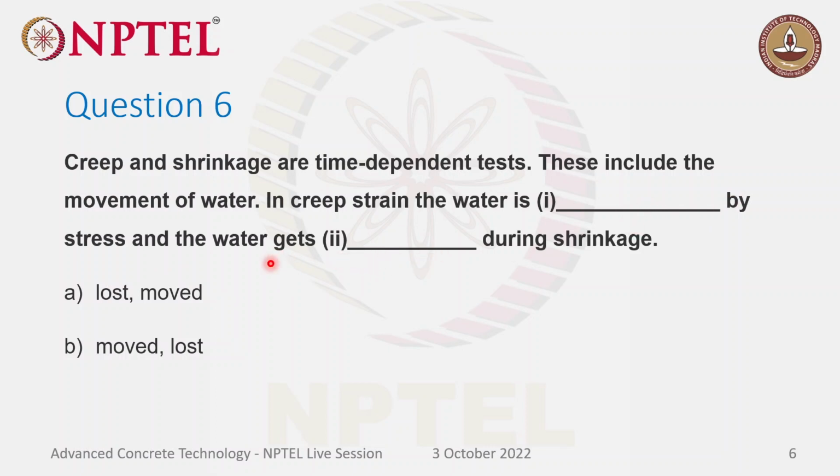This is the question. If you pick option A, it means that in creep strain the water is lost by stress and the water gets moved during shrinkage. If you pick option B, it means that in creep strain the water is moved by stress and then the water gets lost during shrinkage. Okay. So let me start the timer for a minute.